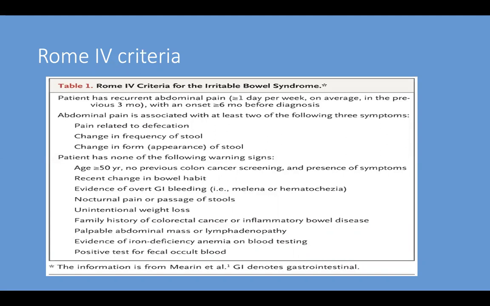Nocturnal pain or passage of stool. As we said, IBS usually does not wake the patient in the middle of the night for abdominal pain. Unintentional weight loss, where we could consider cancer or IBD. Family history of colorectal cancer or IBD, palpable mass, evidence of iron deficiency anemia, positive test for fecal occult blood, any type of bleeding.